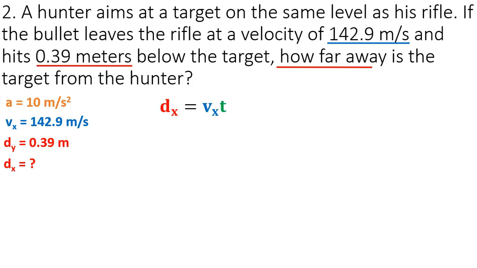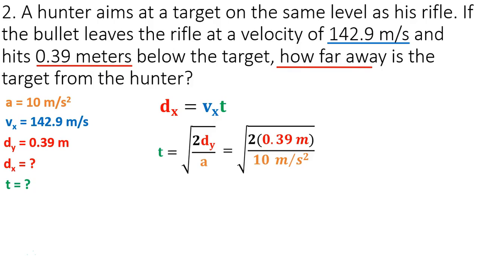We look at the equation for dx, and it's equal to vx times t. Again, we're missing a piece. We don't have our time. So you go back to your equations, and you see that you've only got one that uses the variables you have available to you, and that is t is equal to the square root of 2 times dy divided by a.